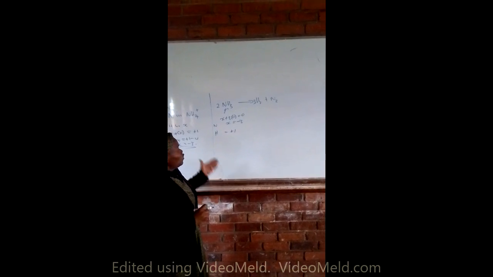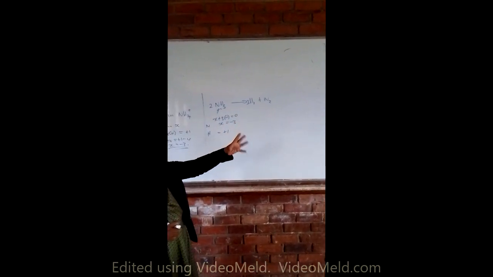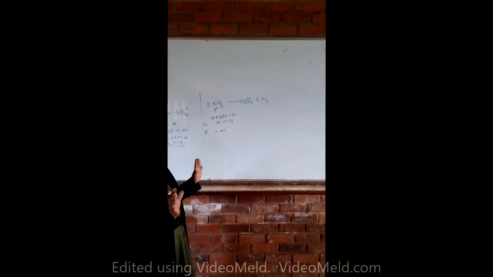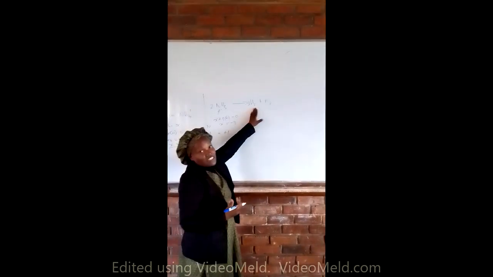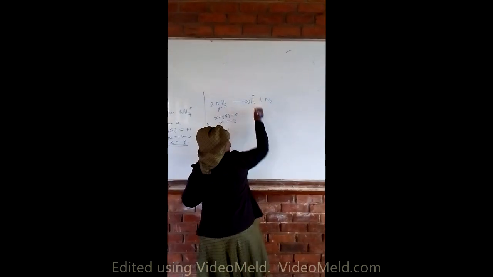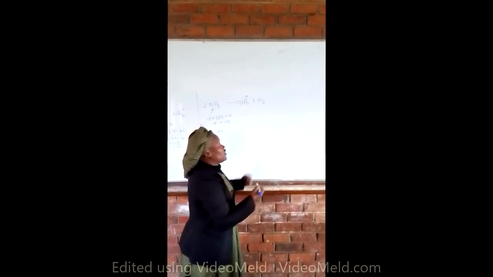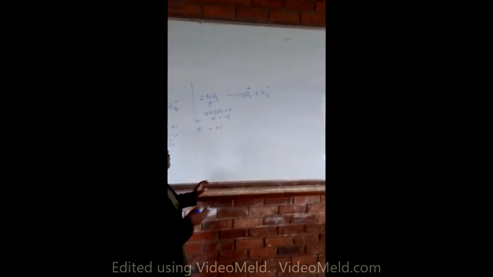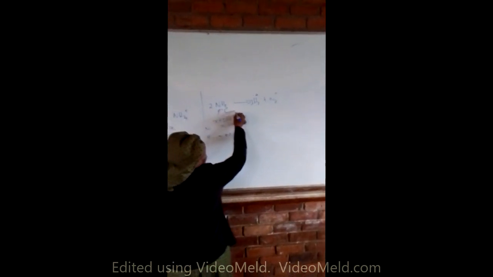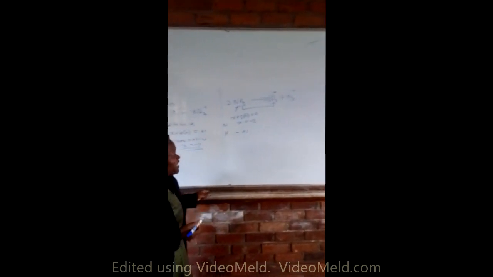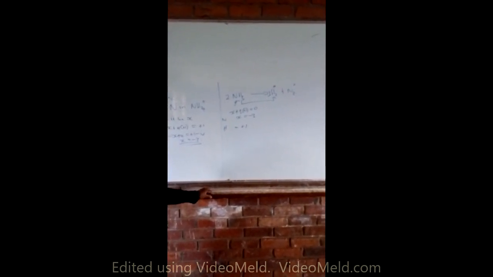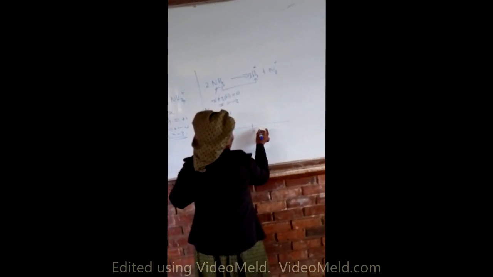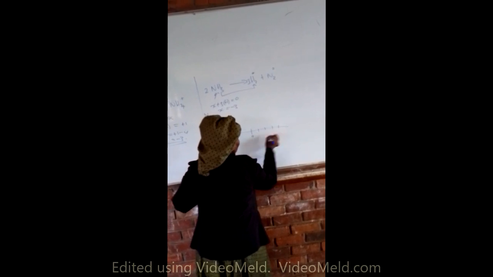Now, let's see what they've changed into by considering the oxidation states of the products. All the elements in the elemental state have an oxidation state of 0. So hydrogen is in its elemental state, so it's 0. Nitrogen is in its elemental state, therefore it is 0. So for hydrogen, we are moving from +1 going to 0. Is the oxidation number increasing or decreasing? Let's look at a number line. 0, 1, 2, 3, 4.